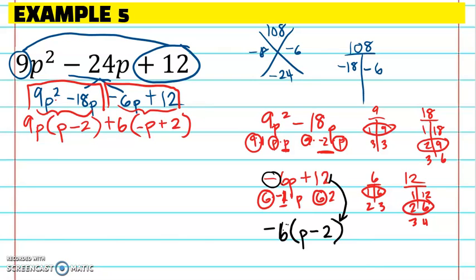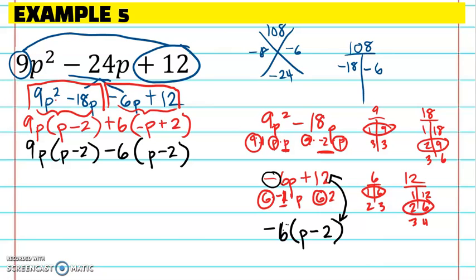These are equivalent, so I can rewrite the first as 9p times p minus 2, and the second as minus 6 times p minus 2. It still tells me the same story, but now I have a common factor.